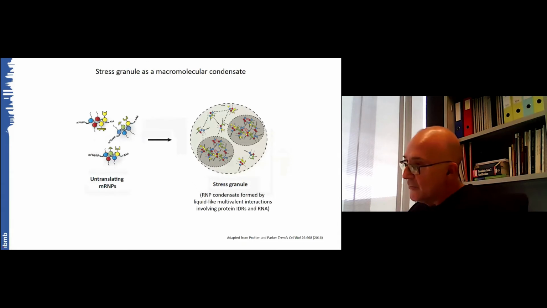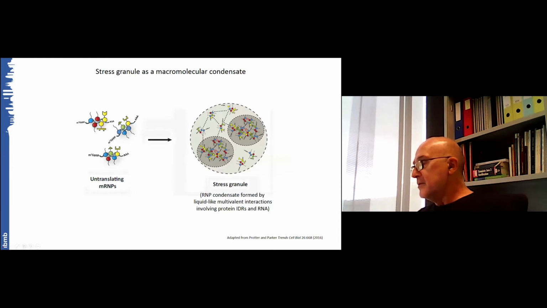All right, so let's go for the stress granule. We know that stress granules are formed whenever the stress condition is strong enough to affect translation. The general idea is that mRNAs that are not being translated, but still bound by proteins that naturally would bind these mRNAs, will be able to create multivalent interactions among them, which would finally lead to a liquid-like structure, which is called the stress granule in this case.